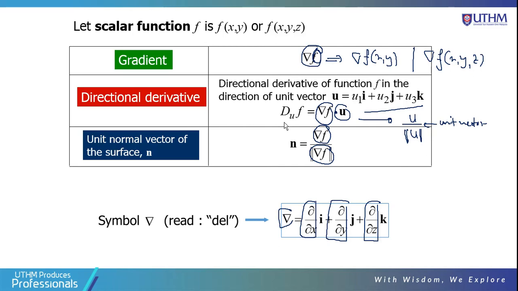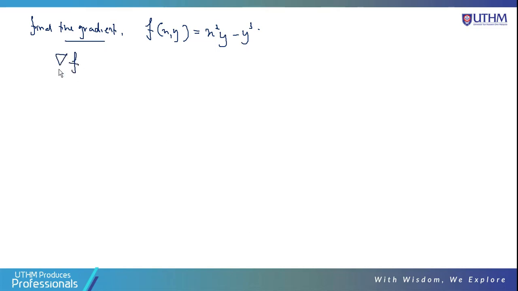Let's do some examples, to solve for the scalar function. Find the gradient. The given scalar function is f(x, y) equals x squared y minus y cubed. To find the gradient, it equals delta f, where delta represents the partial derivative.